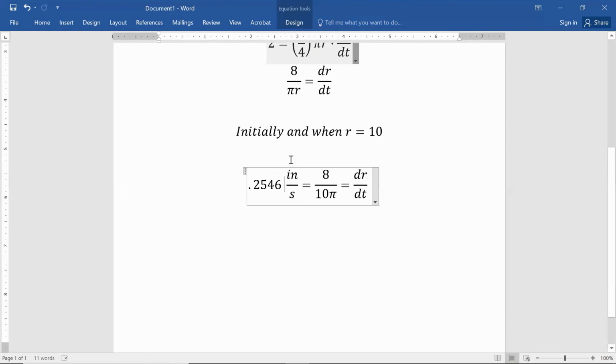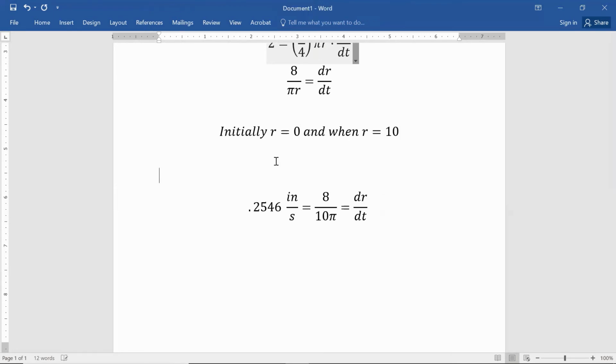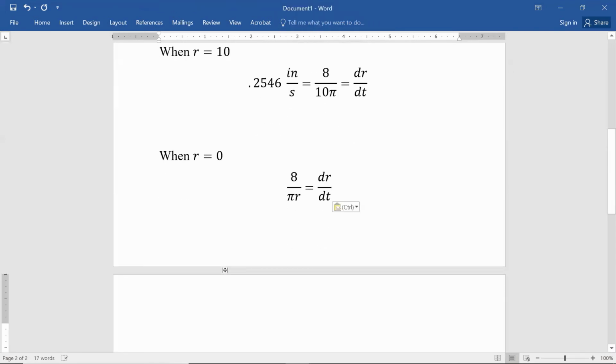Let's talk about initially. Well, initially would be when the radius is 0. So when the radius was 10, we had no problems with this formula. However, you'll notice that when the radius is 0, we have some problems with this formula because we don't want to have to divide by 0.